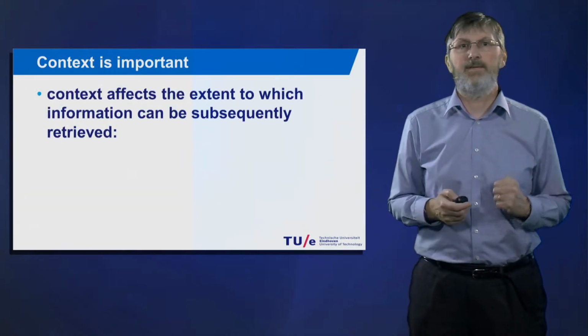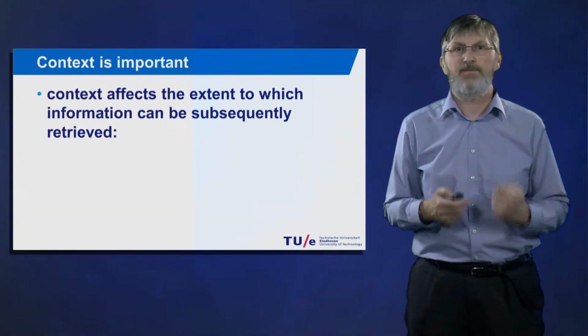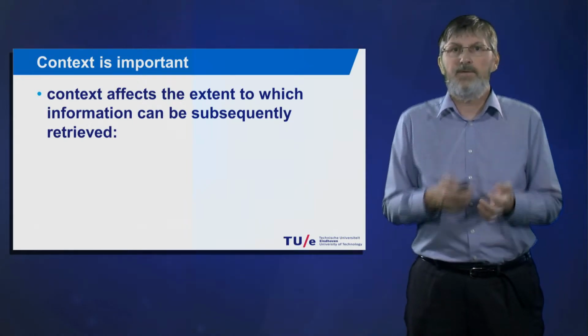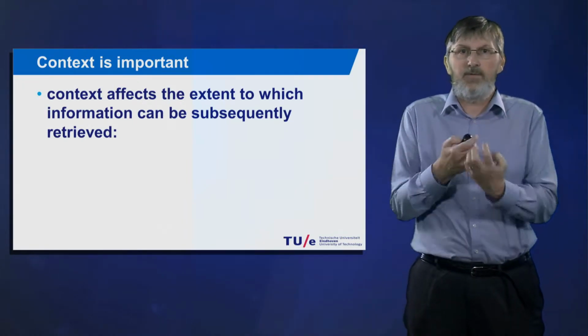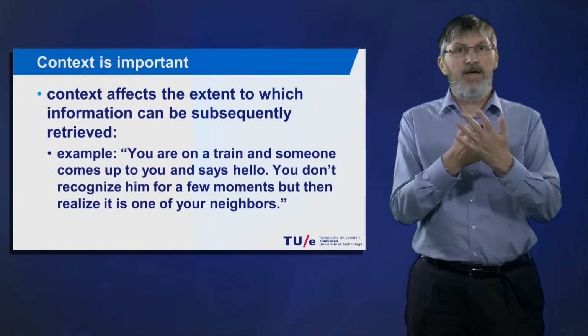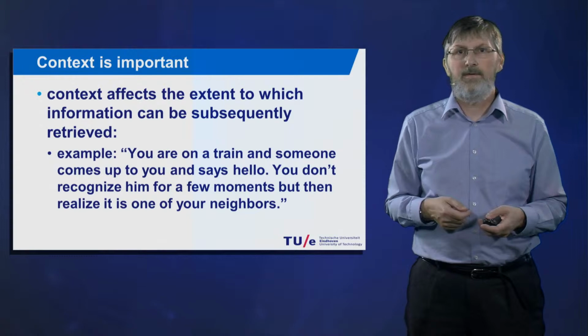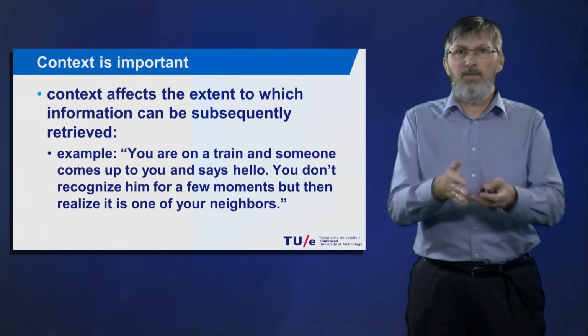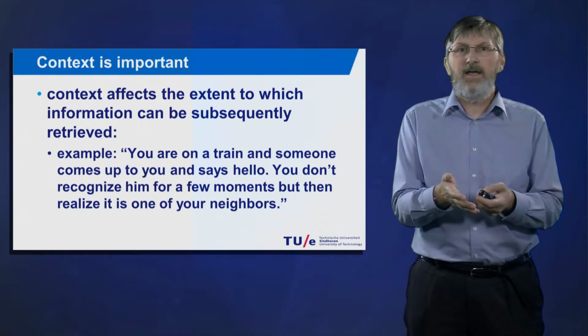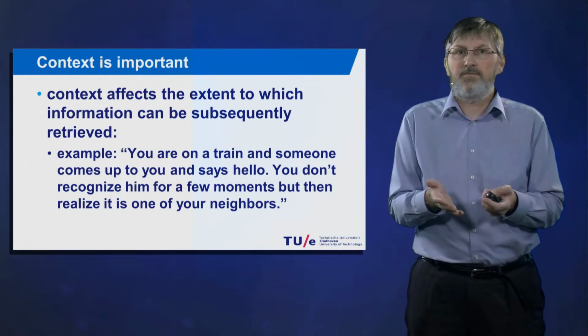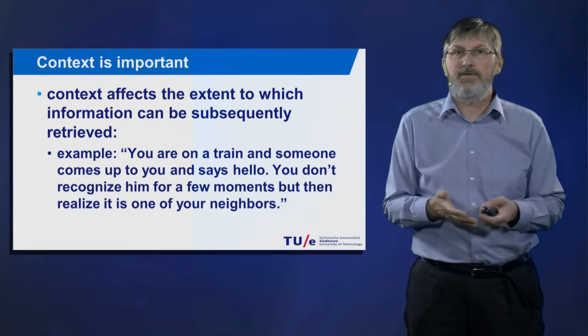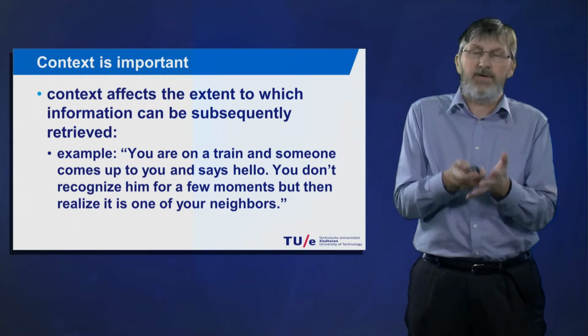The context is important because we cannot remember something in the wrong context. So it affects how we can retrieve information. A simple example is when you meet people on a train. Someone can come up to you and say hi, and you cannot recall who this person is. But you may recognize the face.